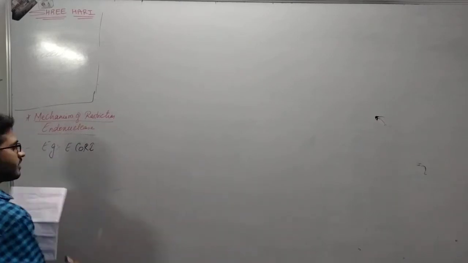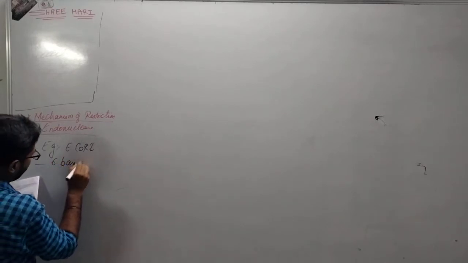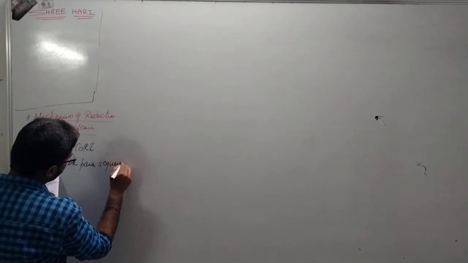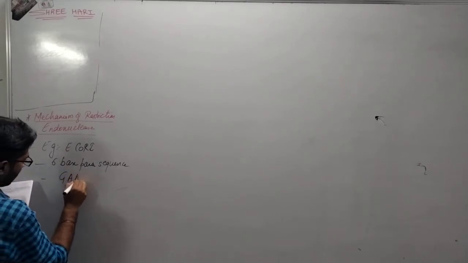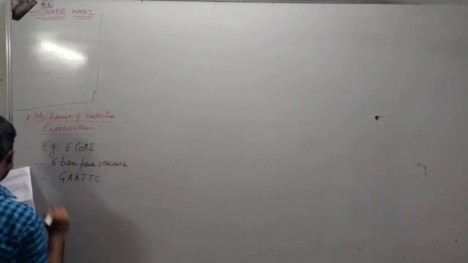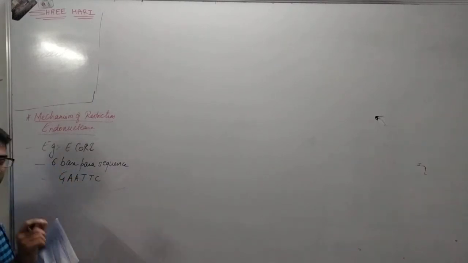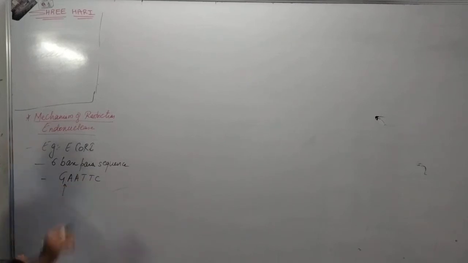EcoR1 recognizes a 6 base pair sequence, and the sequence is GAATTC. EcoR1 always cuts between G and A.